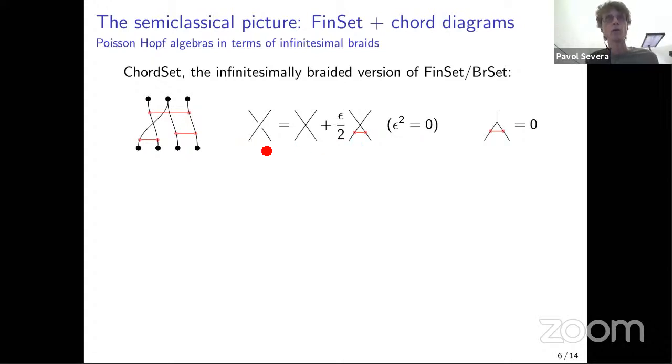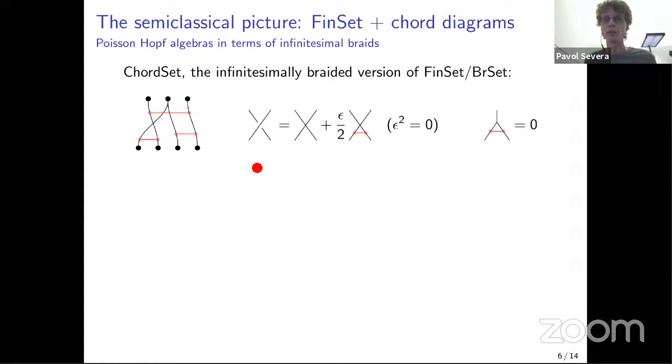And then we want this sum to be a braiding, which then gives some properties for these natural transformations, which are called chords. So the morphisms in this category of chord sets will look like morphisms in finite sets, but plus there would be occasionally these kind of horizontal chords connecting some strands, and they need to satisfy some reasonably nice relations, which are called Drinfeld-Kohno relations or infinitesimal braid relations.